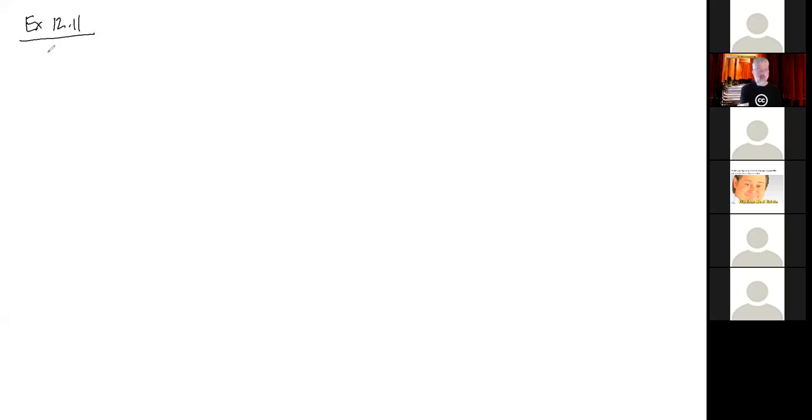So 12.11 says prove that 4 to the n minus 1 is divisible by 3 for n at least 0.